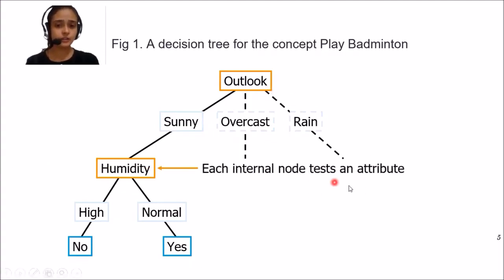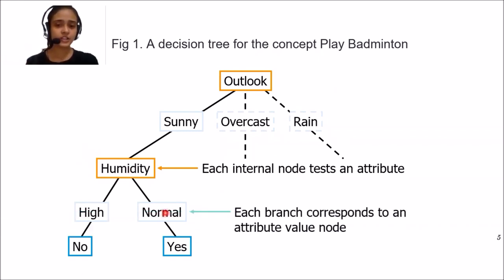Each internal node tests an attribute. So these internal nodes are my attributes from the data set. Each branch corresponds to an attribute value. The branches coming from the internal node are the values present in that particular attribute.